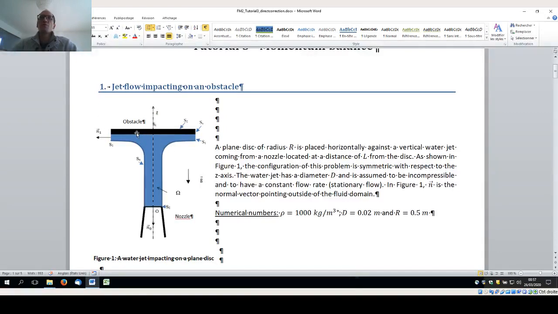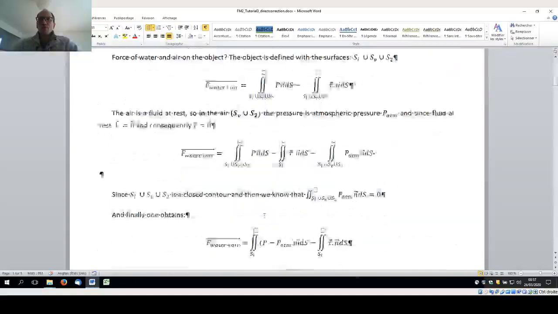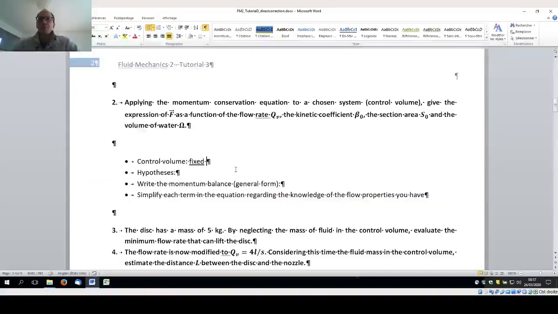So this means that the control volume, as one is saying, will be the volume of water omega, and we will usually define this volume with different surfaces.